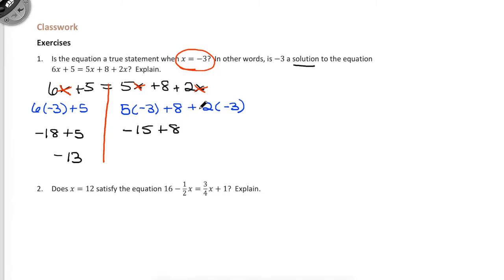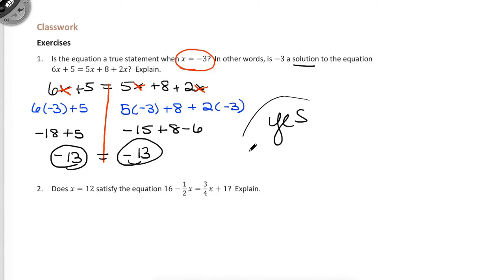And 2 times -3 is -6. If I add this all up, -15 plus 8 minus 6 also gives me -13. So does -13 equal -13? Yes, which means -3 is a solution to this equation.